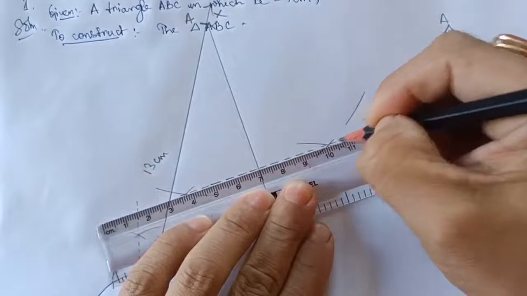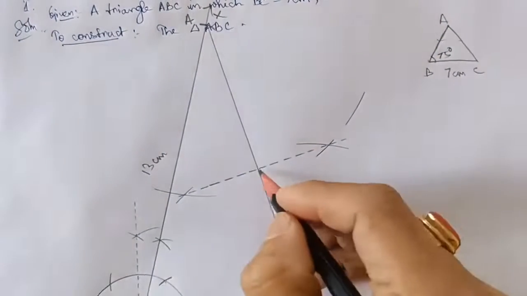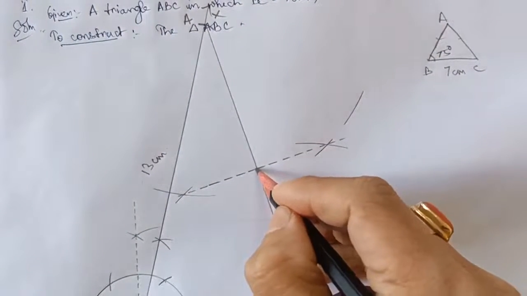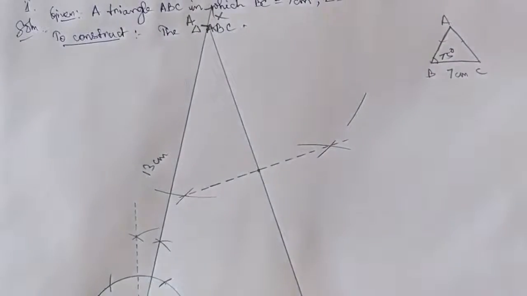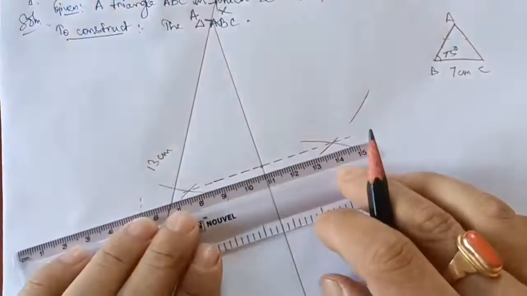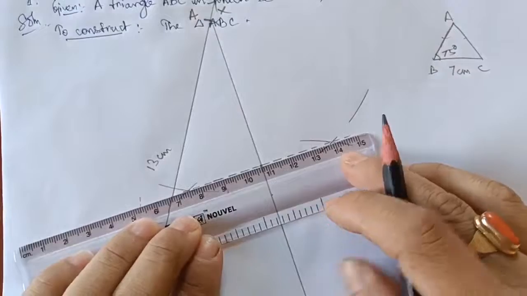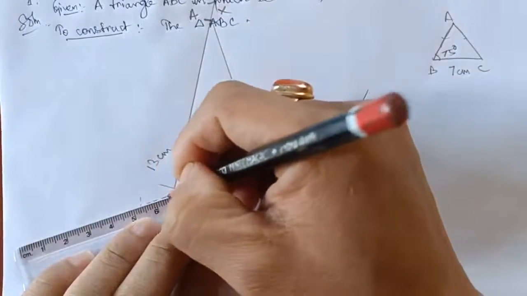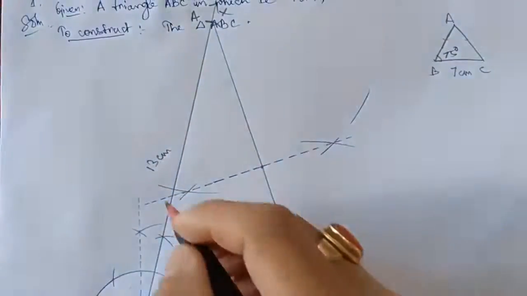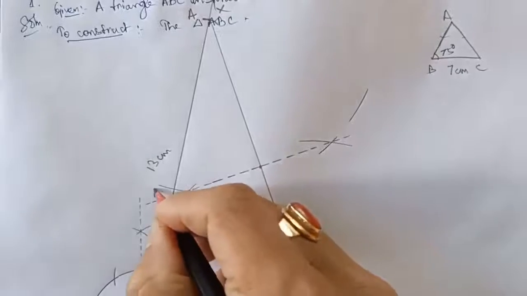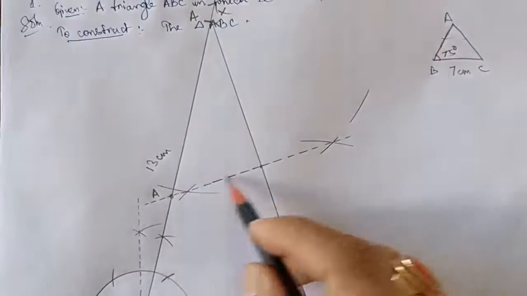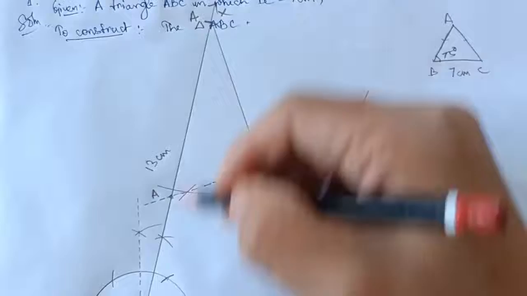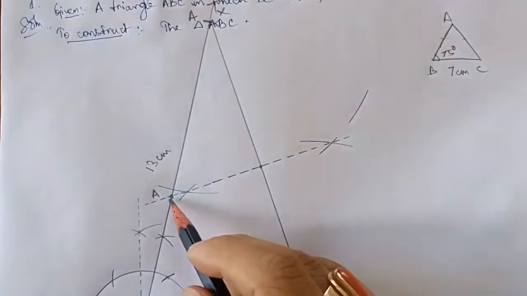By dotted line. Then next, this line intersects the side AB at a particular point.